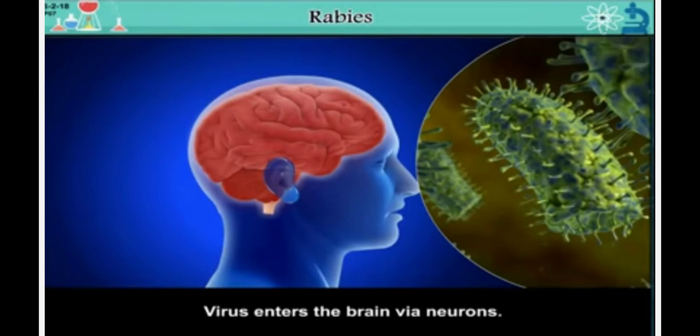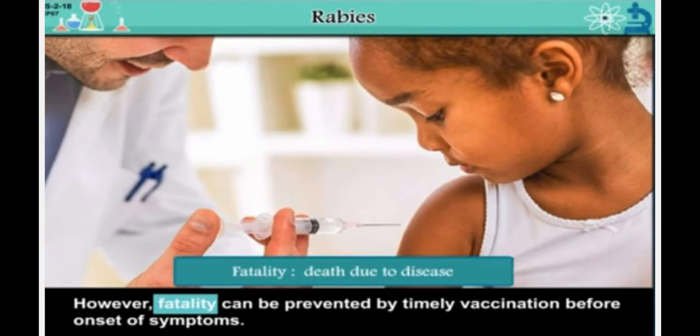Rabies virus enters the brain via neurons. That's why it becomes very fatal, that is dangerous, and that fatal condition can be prevented by timely vaccination before the onset of symptoms.